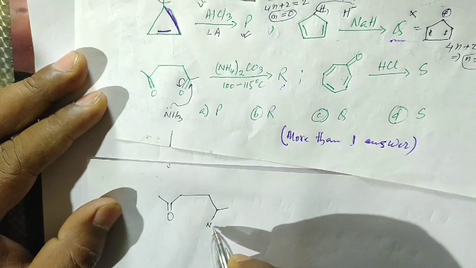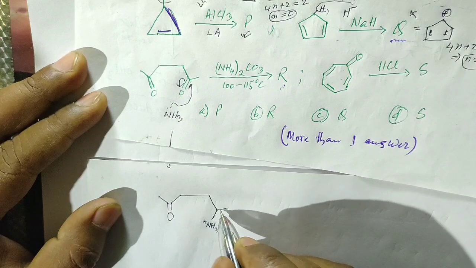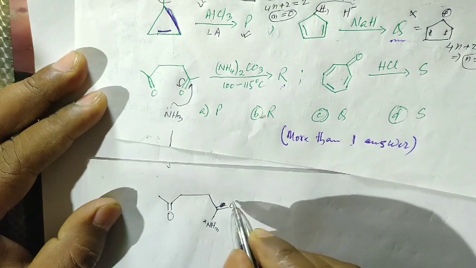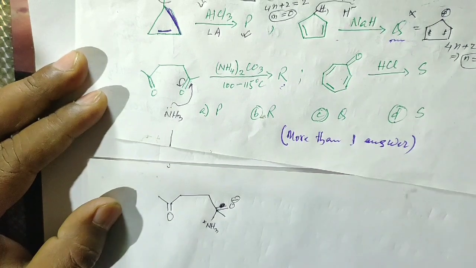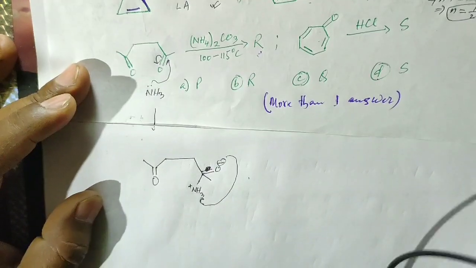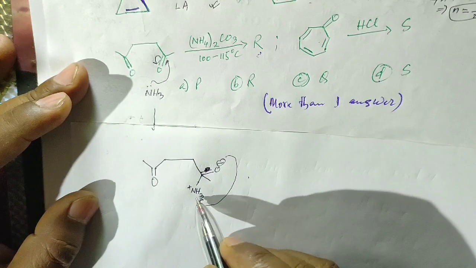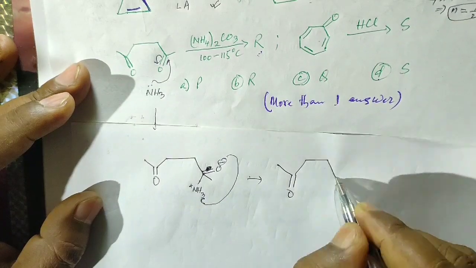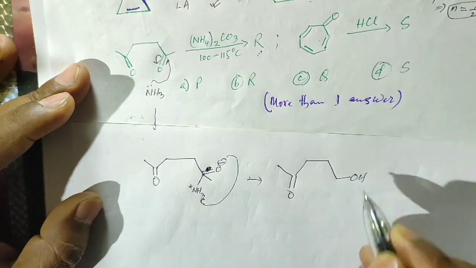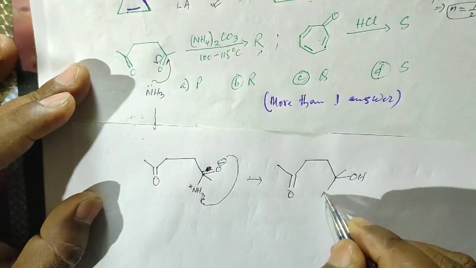NH3 plus, and this will be O minus. This O minus will abstract one hydrogen as base from this nitrogen atom to form this, which will become OH, and here one methyl is attached, and this is now NH2.